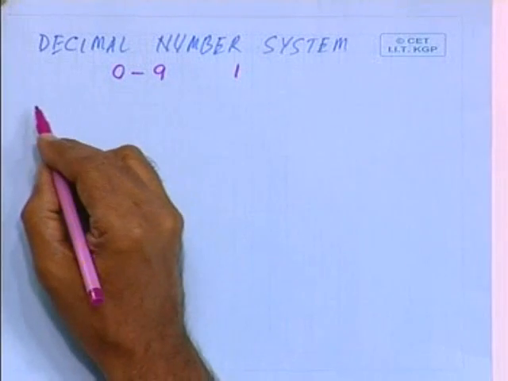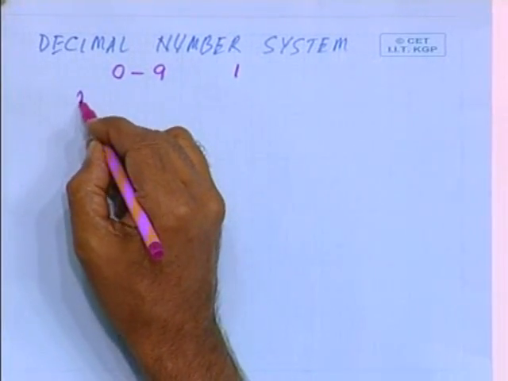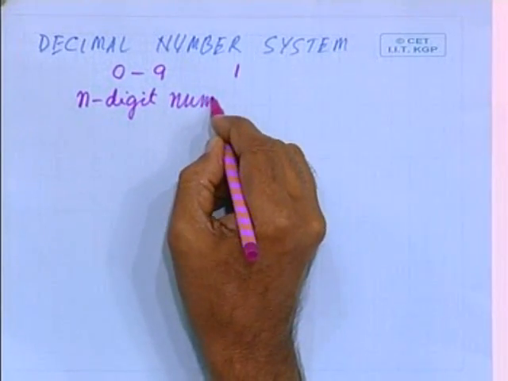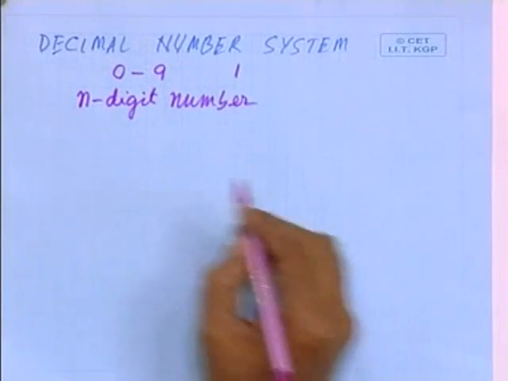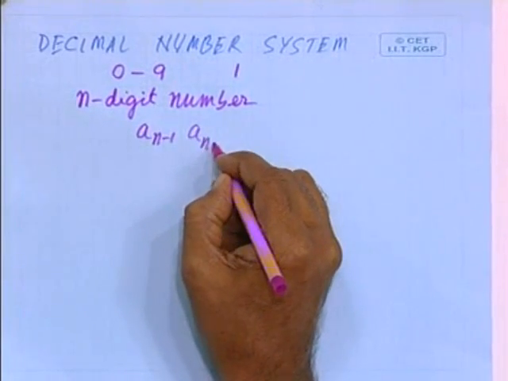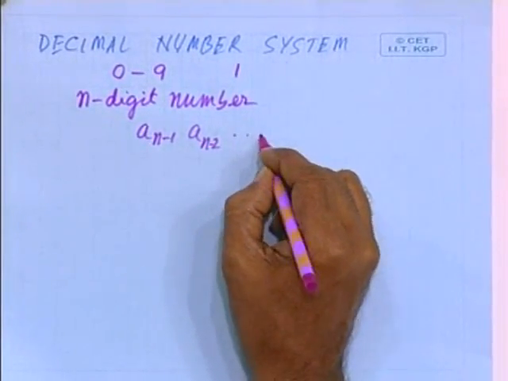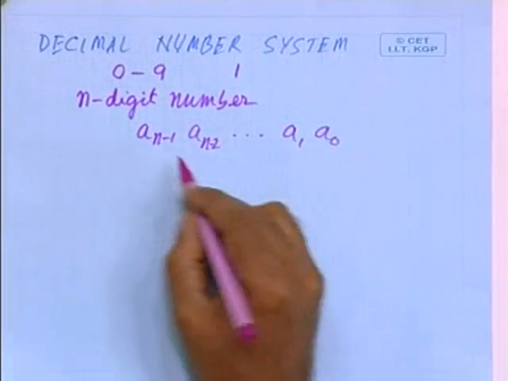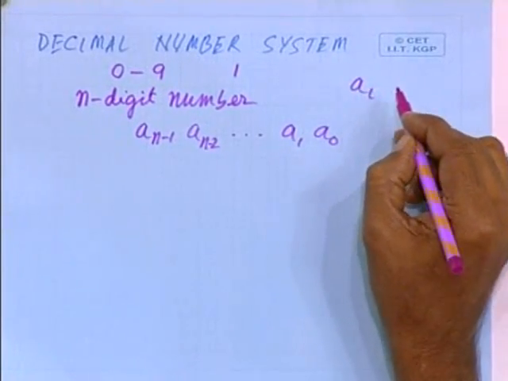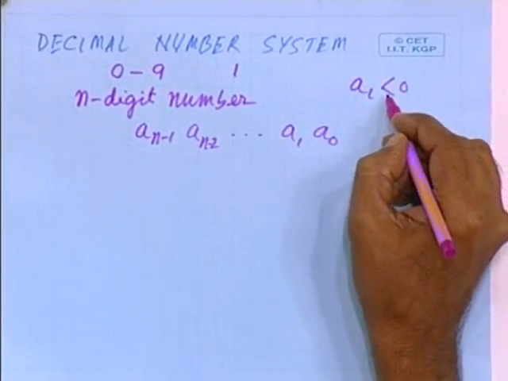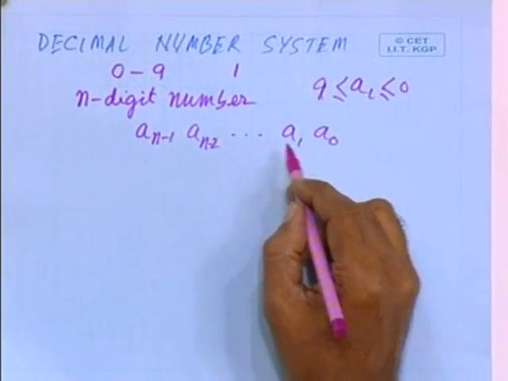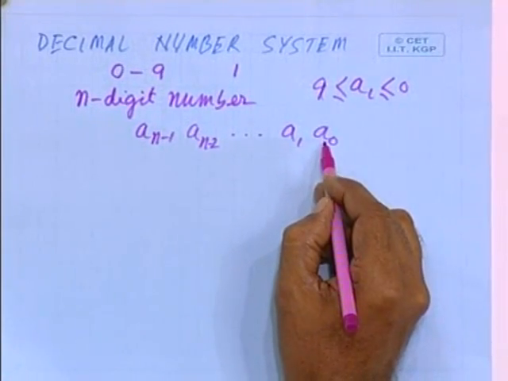Suppose you have to represent an n digit number, it can be represented by a(n-1), a(n-2), ..., a1 and a0. So, these are the n digits, and each of these digits ai can have values from 0 to 9.